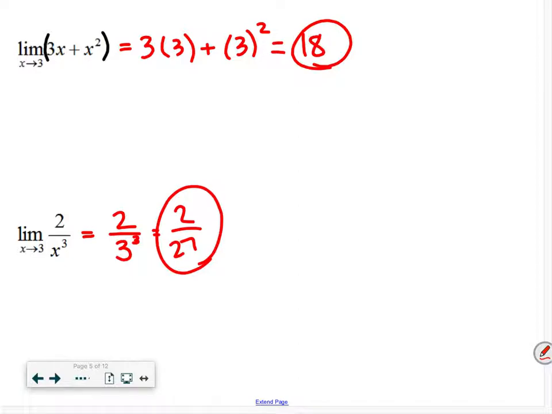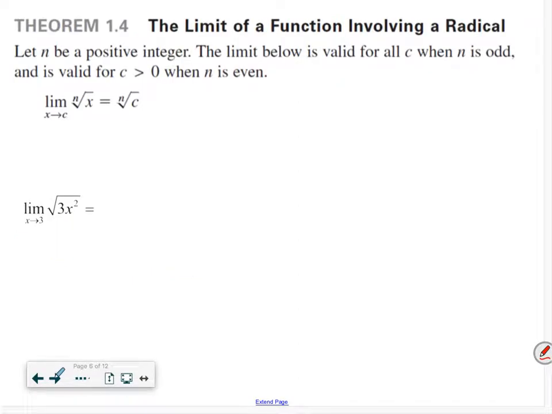Okay. One more type of function that we don't have to worry about is when we have a radical. Okay, so don't write this mumbo jumbo. Just write that. Okay. If we have a radical, as long as we have an x value that belongs in the domain of the function, we can use direct substitution.